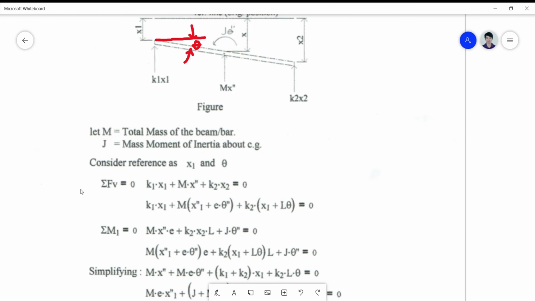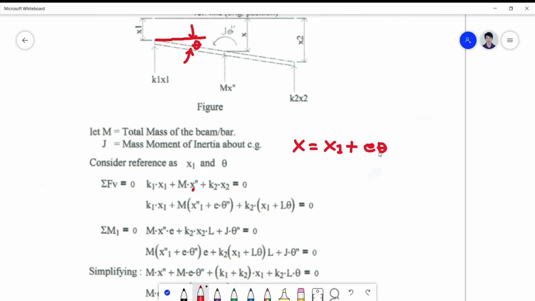So this value of x here will simply be x1, whatever is this displacement at the left, plus an additional displacement given by the value e theta, this angle here, which is assumed as one of the primary coordinates, theta.